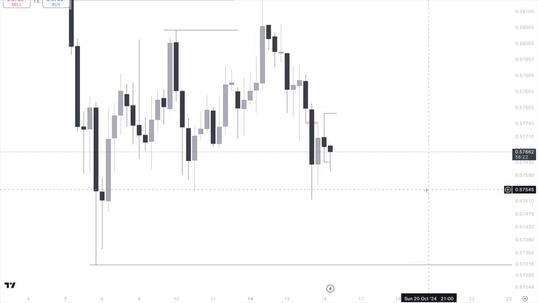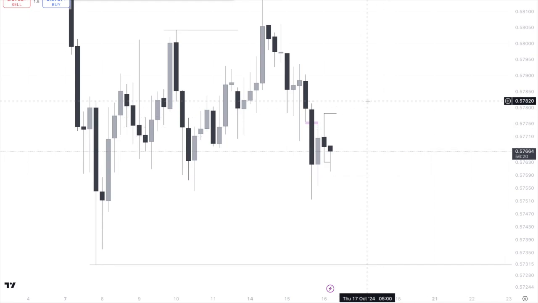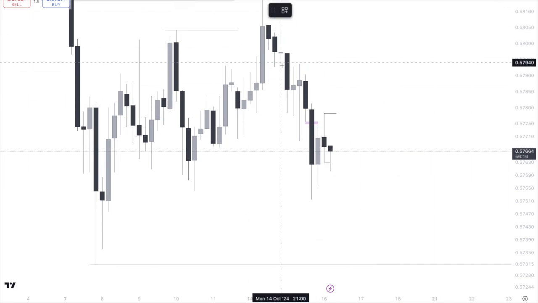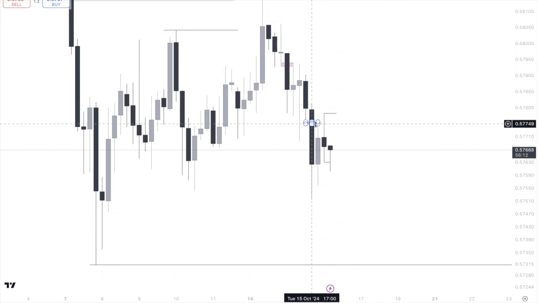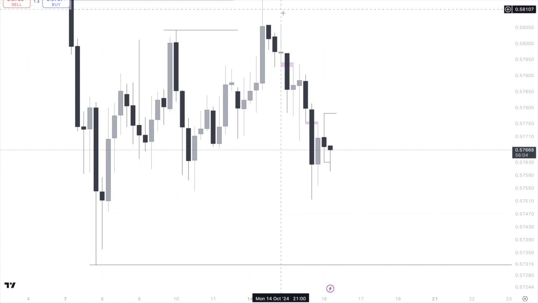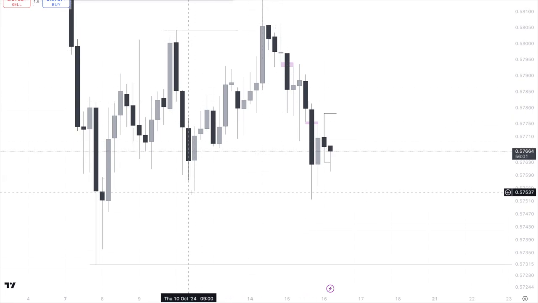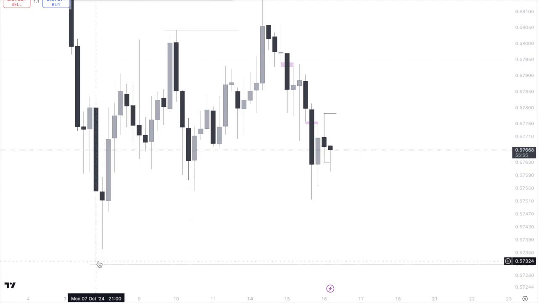Now, I think one last thing you could take into account is institutional market structure, because you do also have this fair value gap that you've stung into, and this one. So this is 4 hour. This would be a 4 hour intermediate term high, and you could class this as the 4 hour intermediate term low, technically, but I'd say this one is the real one.